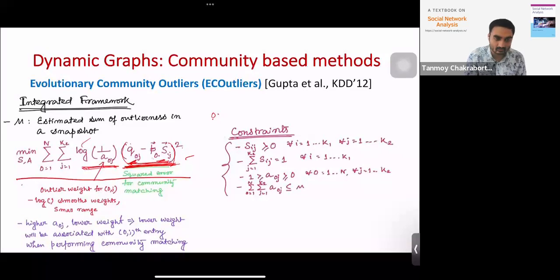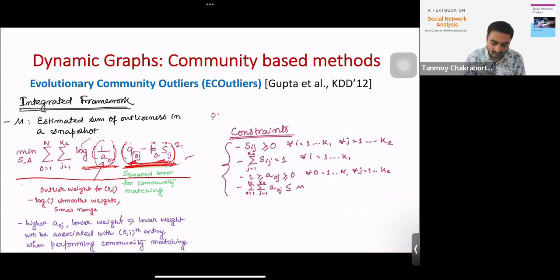So let's forget about log, right? So what is this one? 1 by AOJ. AOJ is the outlierness score of object O with respect to community J, right?